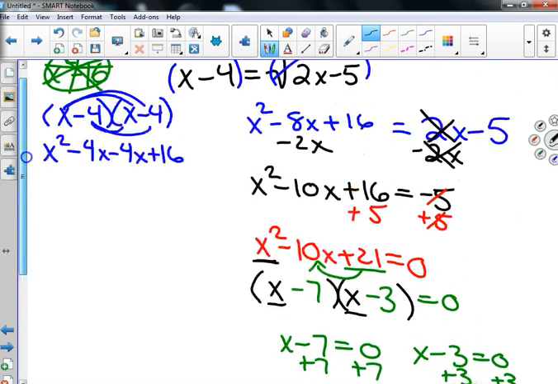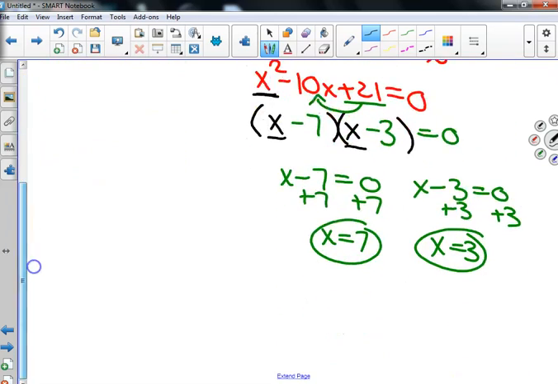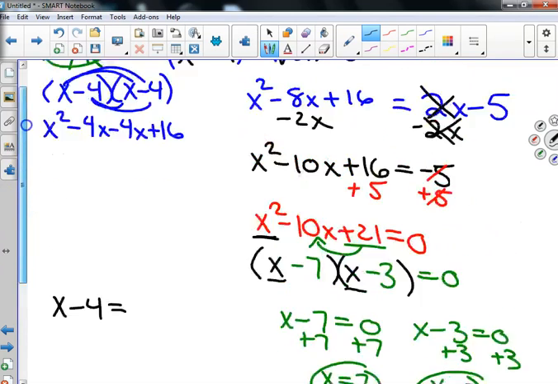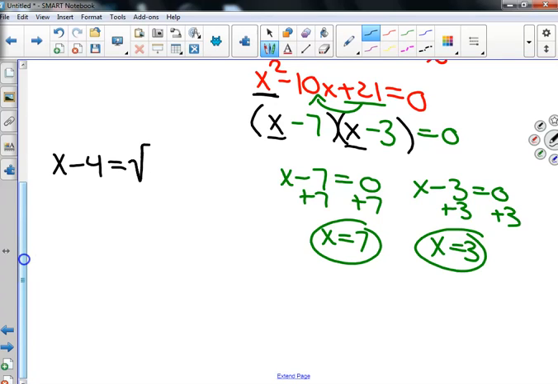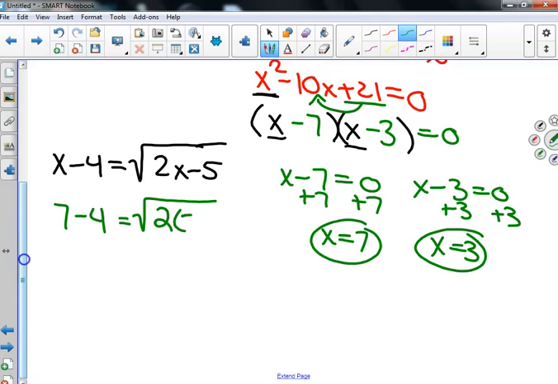So our original equation was x minus 4 equals square root of 2x minus 5. Okay, so I'll put the 7 in first. So 7 minus 4 equals the square root of 2 times 7 minus 5.